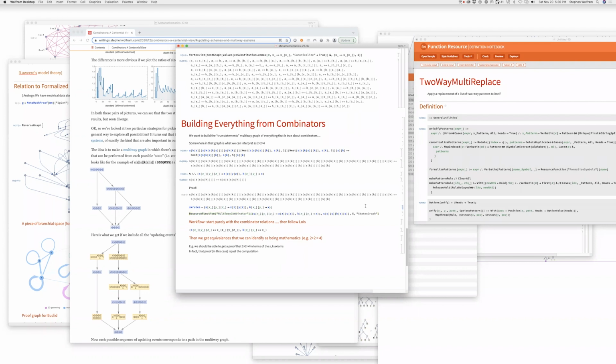Notice that in fact, we're also going to do an actual proof with the proof object. So here, that mapped over this guy.